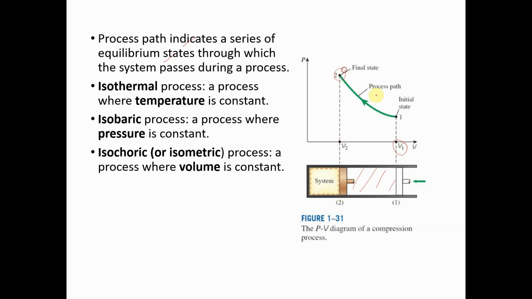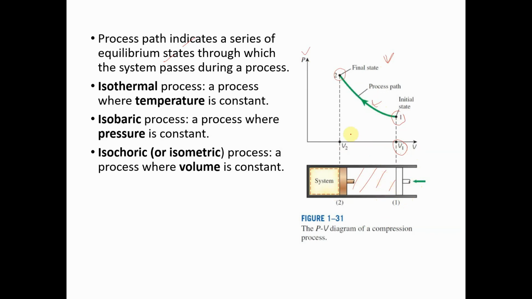So this is state 1, this is state 2, and this is the process path. The things that change here are the volume as well as the pressure. If we have this kind of diagram, it really helps us illustrate the states as well as the process involved.